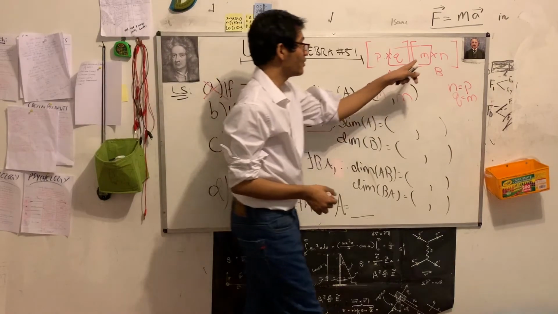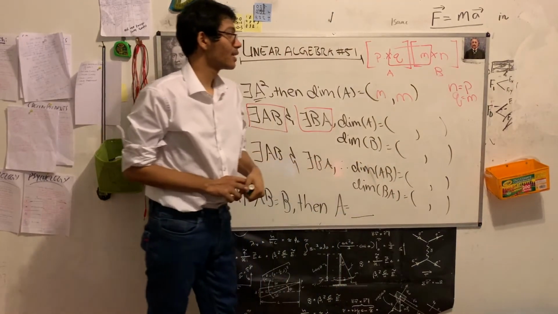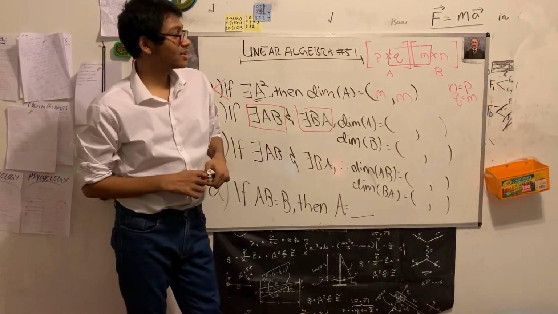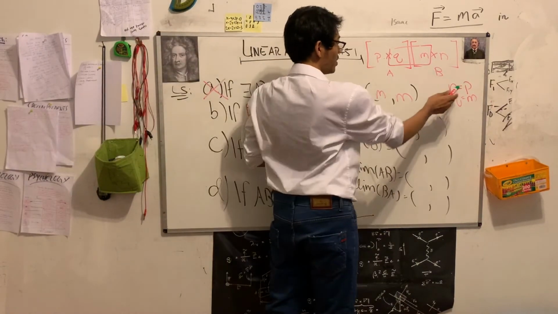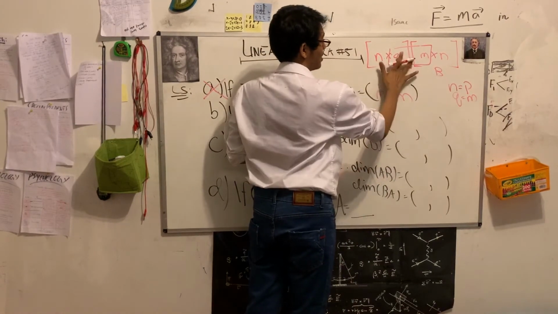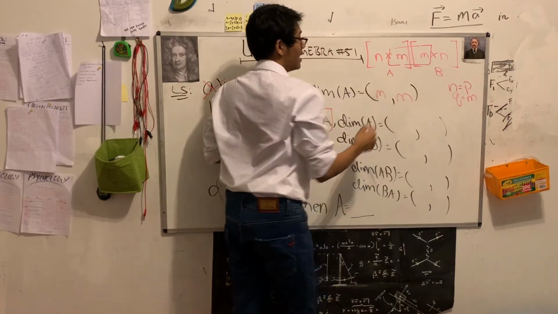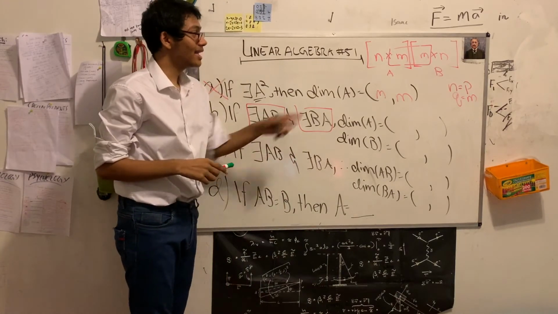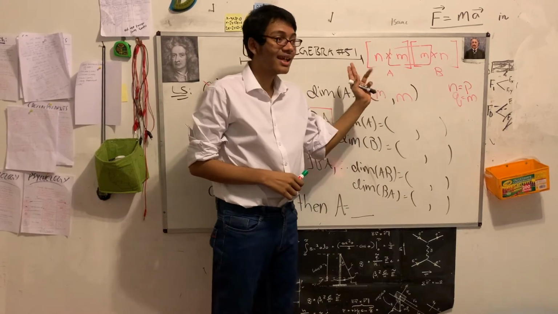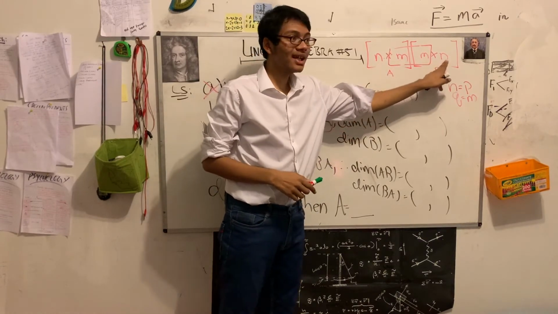But P must also equal N, or otherwise they don't obey that rule. Right, so now we're going to start replacing, okay? We know P is N, so why don't we just write N over here? And we know Q is M, so why don't we just write M over here? Now what do you notice? The dimensions of A and B are just flipped. A is N by M, B is M by N.